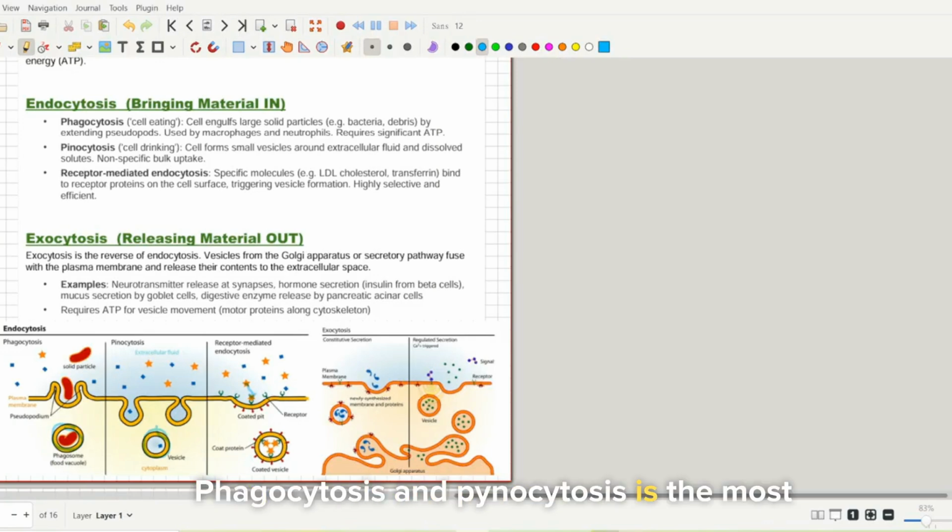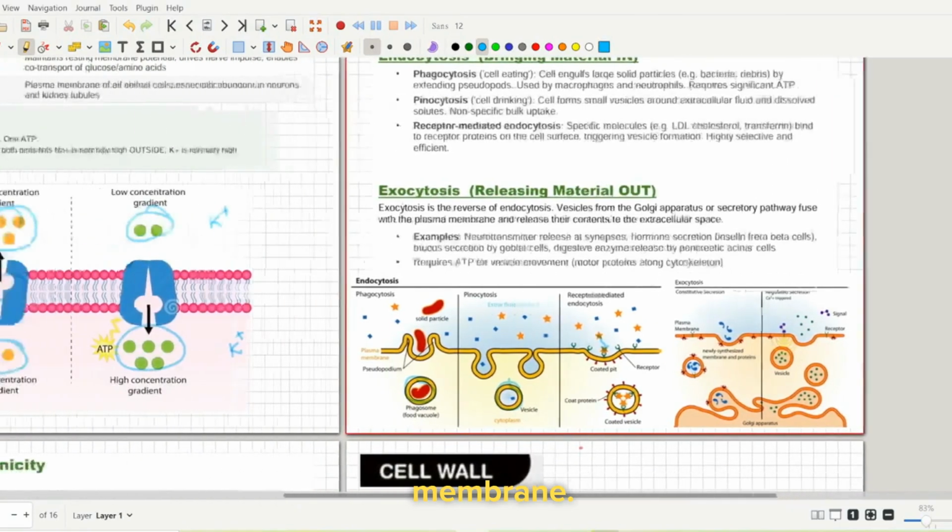Phagocytosis and pinocytosis are the most common ones. Exocytosis is the reverse of endocytosis. It is the process, for example, of vesicles from the Golgi apparatus or secretory pathway that we discussed in our very first lecture. The vesicle will be removed from the cell by exocytosis. So this was about endocytosis and exocytosis that happens in the cell membrane.